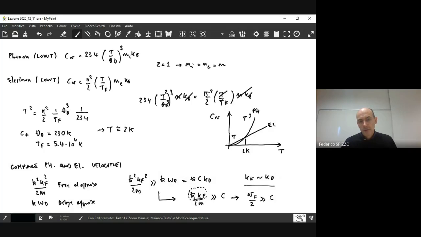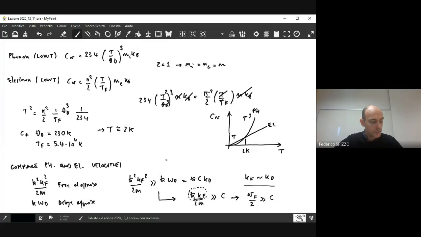This is one occasion where we can compare these two values and find that the velocity of the electrons is larger than the velocity of the phonons. There will be another opportunity, I think next week, to compare these two quantities and confirm again that the actual speed of the electrons is larger than that of phonons.